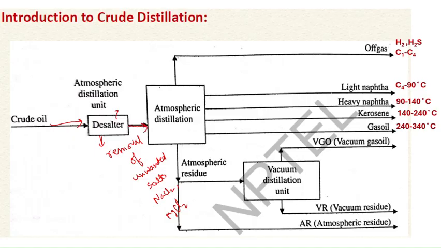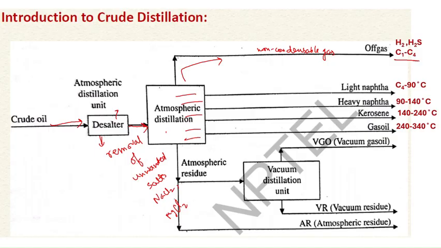Then after the desalter, this crude oil is taken to the distillation column, where there are numerous trays available, and after the distillation, different cuts of the product are given. The lighter cuts are taken off as off gas, which are basically the non-condensable gases. They consist mainly of hydrogen, and some amount of hydrogen sulfide, and the C1 to C4 cut is taken off as off gas.